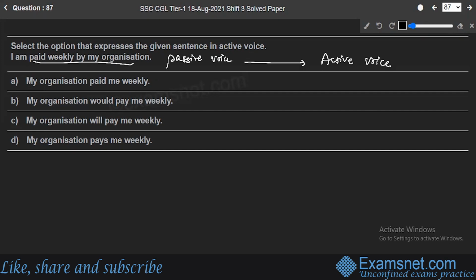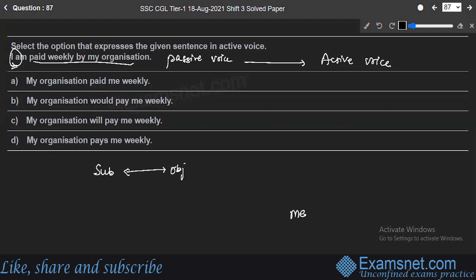So first of all, the I of the passive is actually the object. See, in active and passive, subject and object always interchange their positions, right? So this I will come at the last and it will be like me or my.